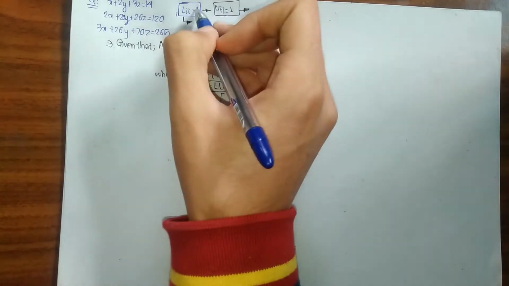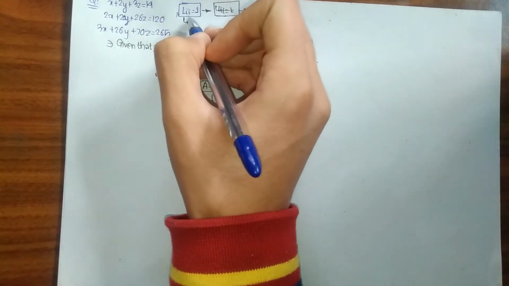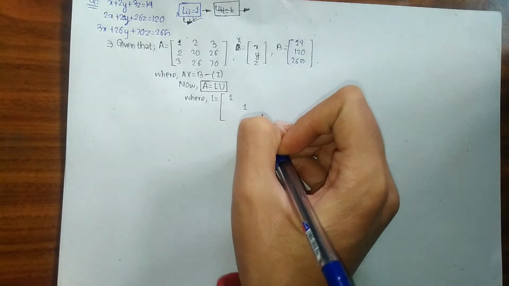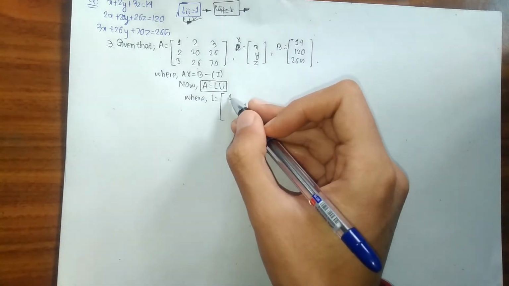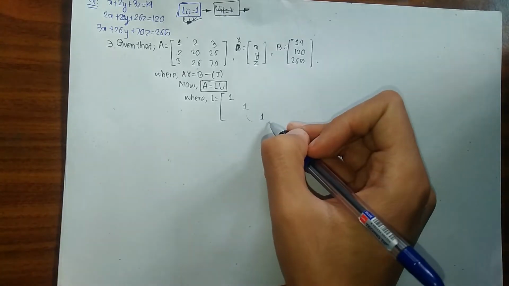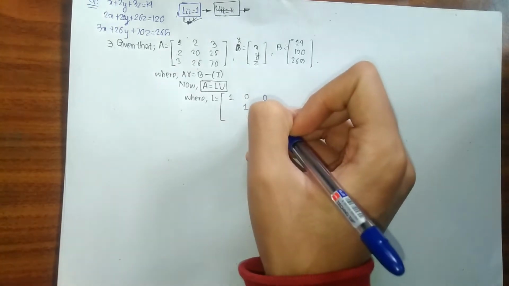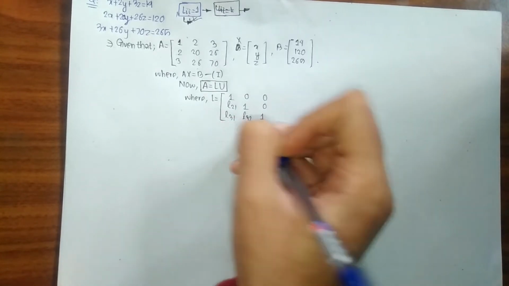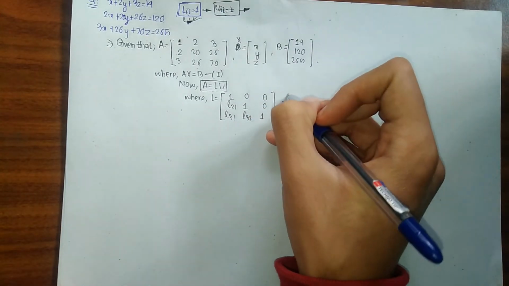As I explained, right now we have been given the condition Lii equals 1, which means the elements of the main diagonal of our lower triangular matrix are going to be 1 1 1. So everything above is going to be 0. Remaining is L21, L31, and L32, comma, U equals.